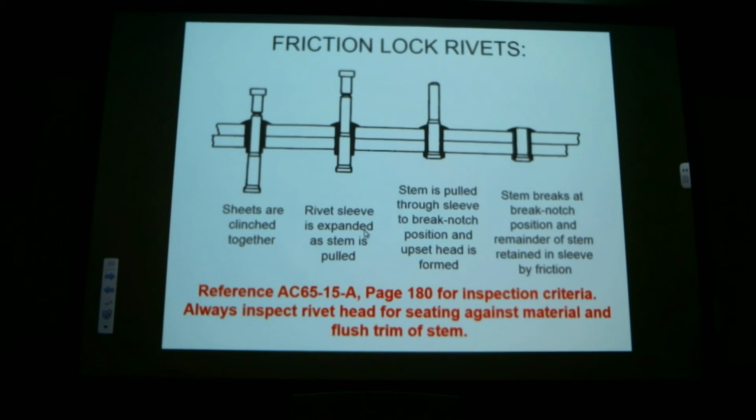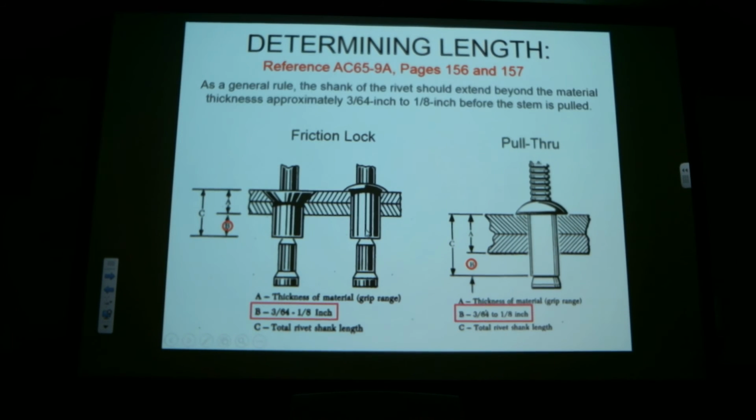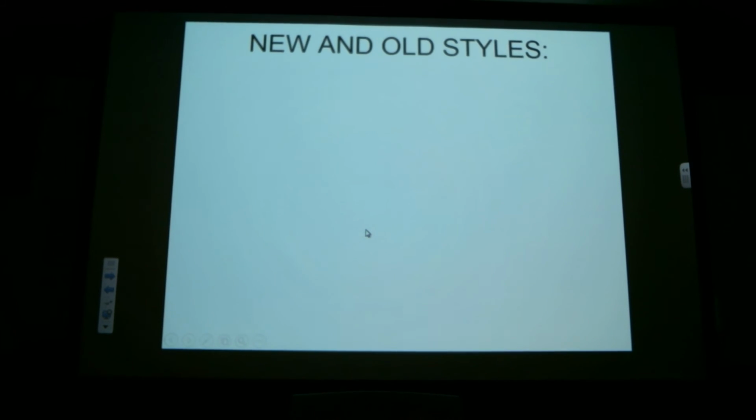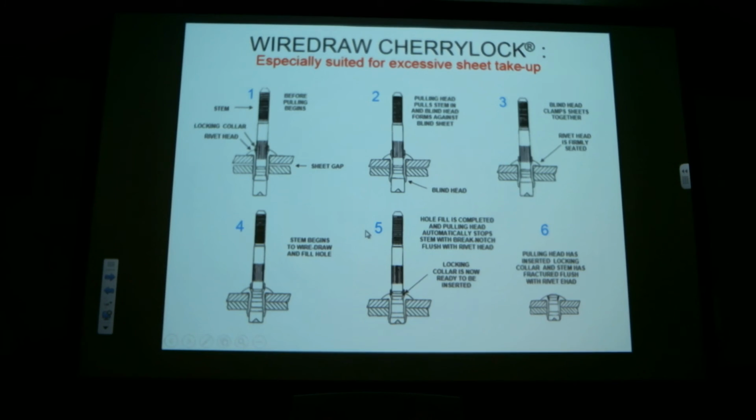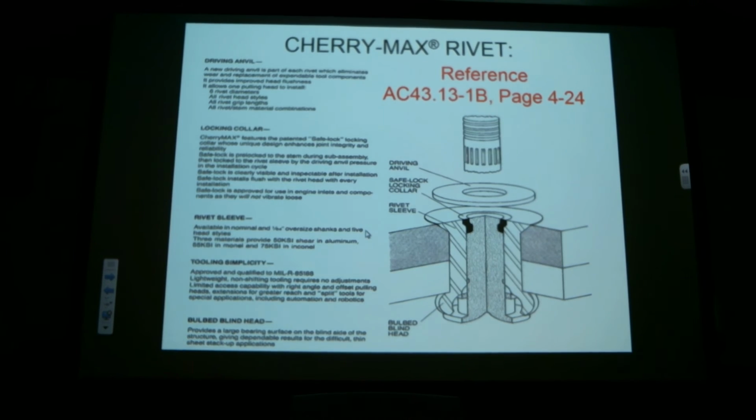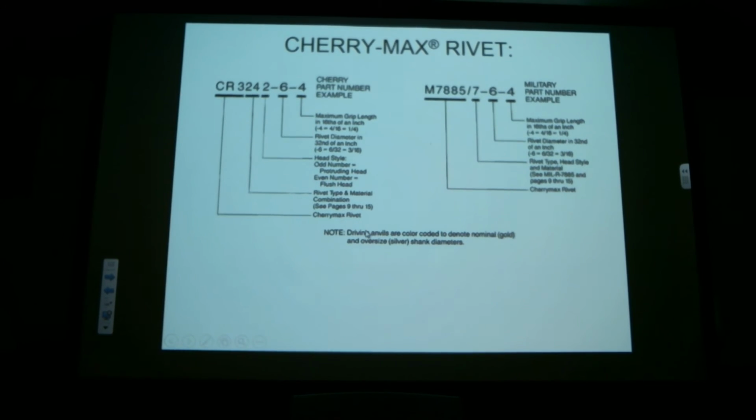Different types of blind rivets. When we talk about a blind fastener, what does that mean? Installation from one side only. Cherry Max rivet. What does a silver driving anvil indicate on a Cherry Max rivet? Oversized.